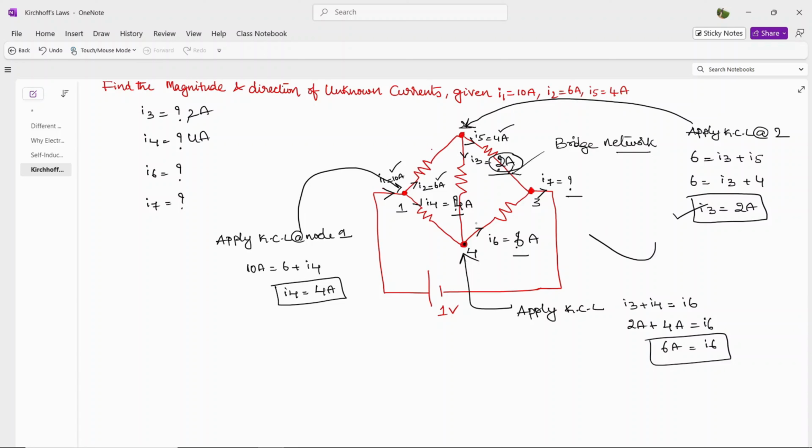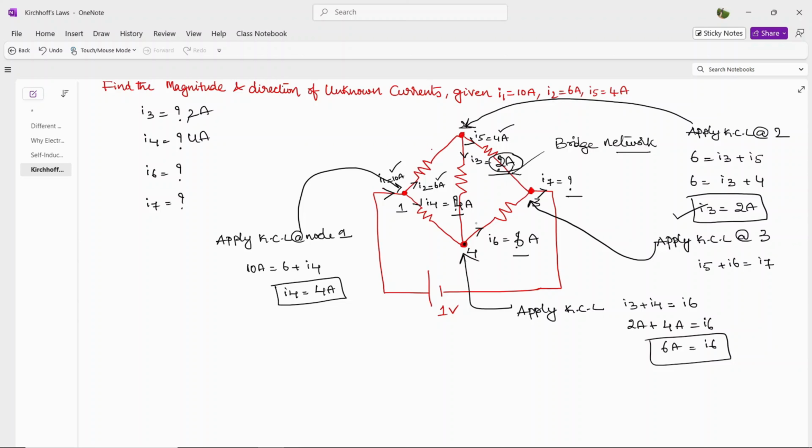Similarly, apply Kirchhoff's current law at node 3. So what are the entering currents? Here I5 current is entering from this branch, and I6 is also entering, and it is leaving as I7.